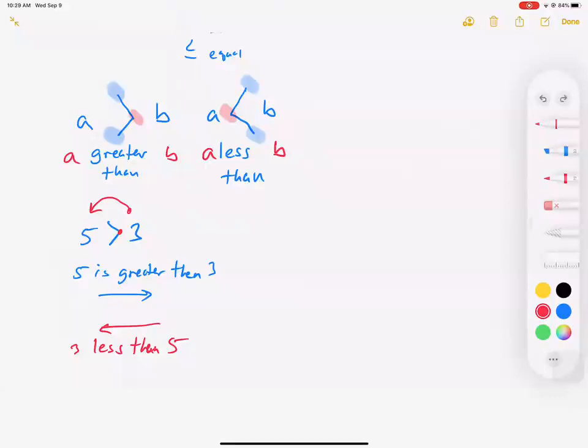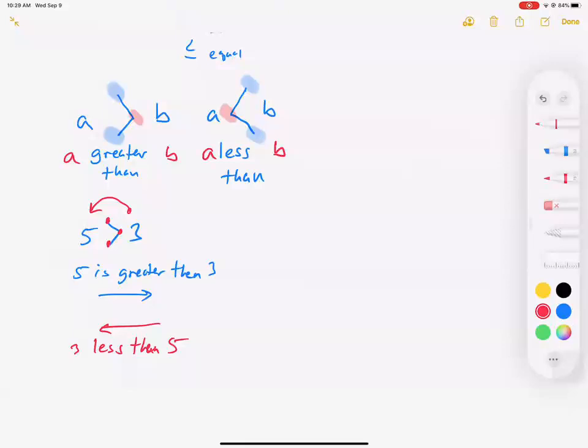And the big takeaway, please, make sure this works in your brain now, that the larger side, see this larger side? That's the bigger side. So the left side is bigger than the right side. 5 is greater than 3. But I could swap it and start from the right side, and 3 is smaller than 5. 3 is less than 5.